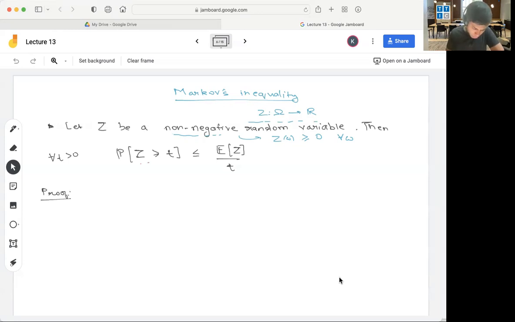Okay. The proof is not too complicated, but it's a slight rearrangement of the expectation of a random variable. So let's start.